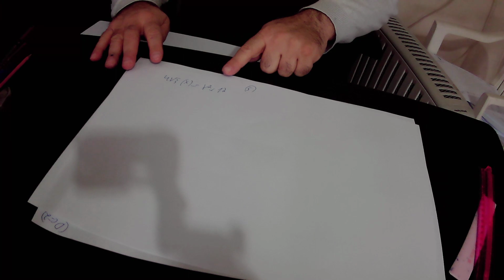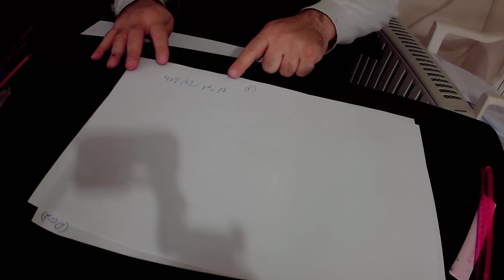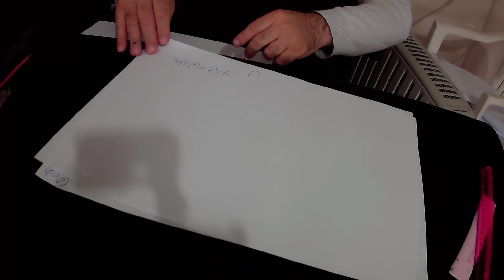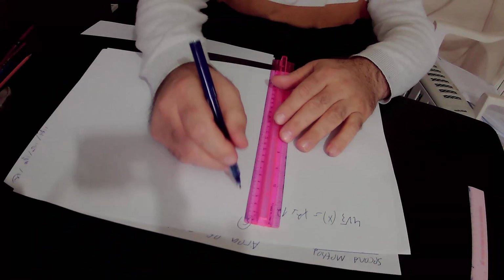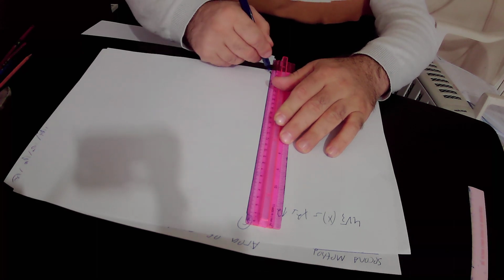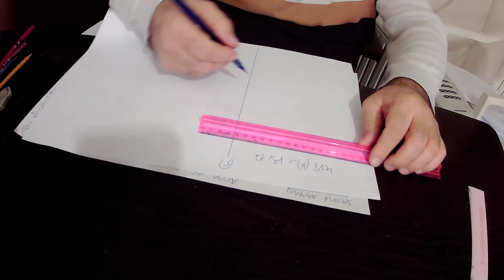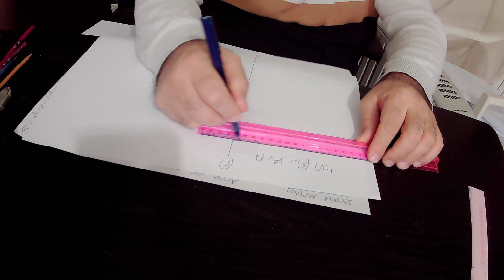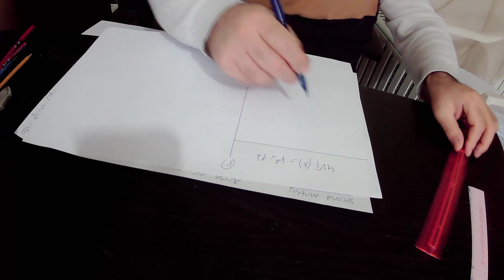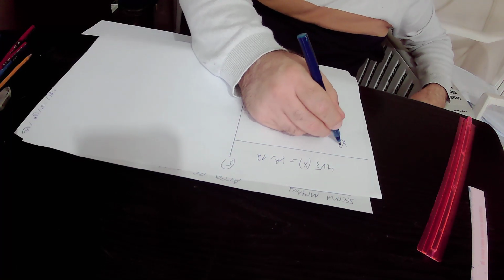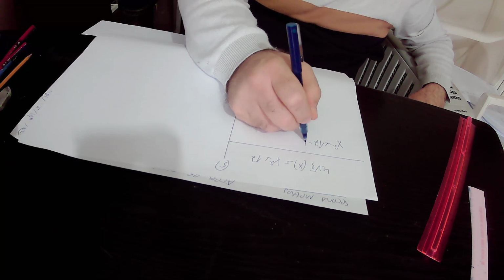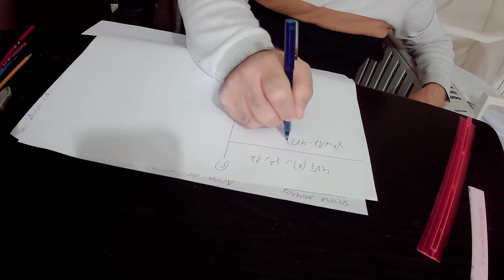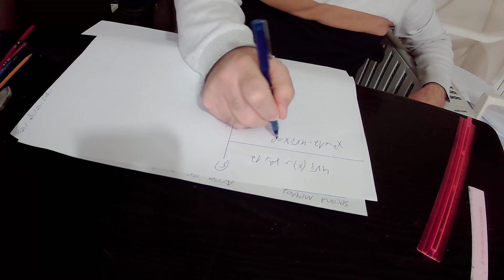We will subtract 4 times square root of 3x from this equation, and we will get that x squared plus 12 minus 4 times square root of 3x equals 0.